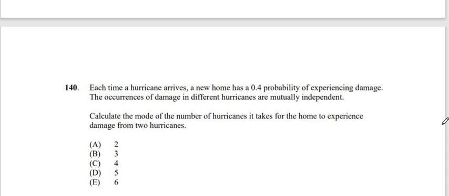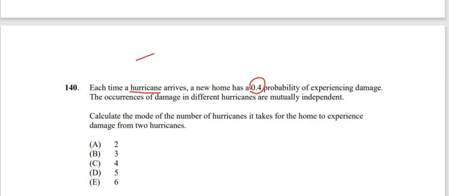So for this problem, it is like if we have a hurricane, and this hurricane comes, it will cause some damage or no damage. So damage is 0.4.